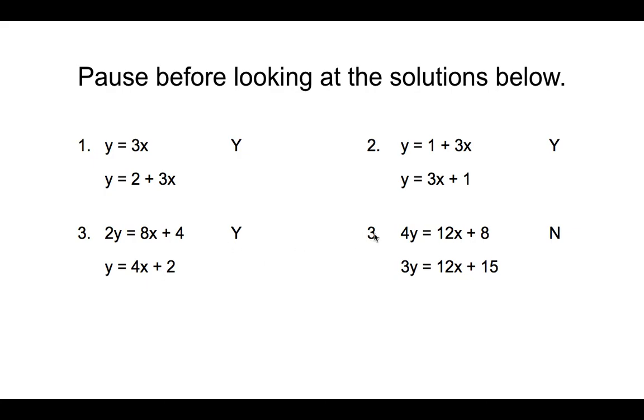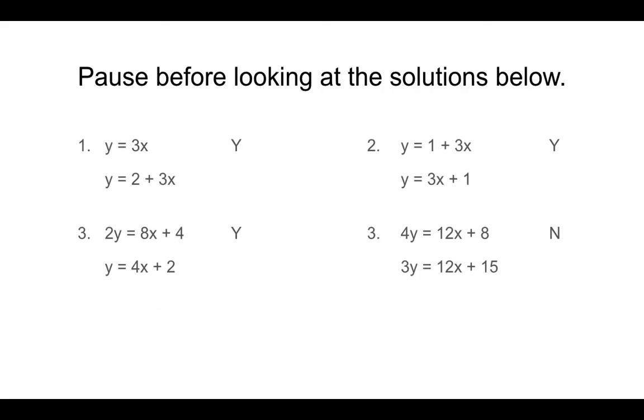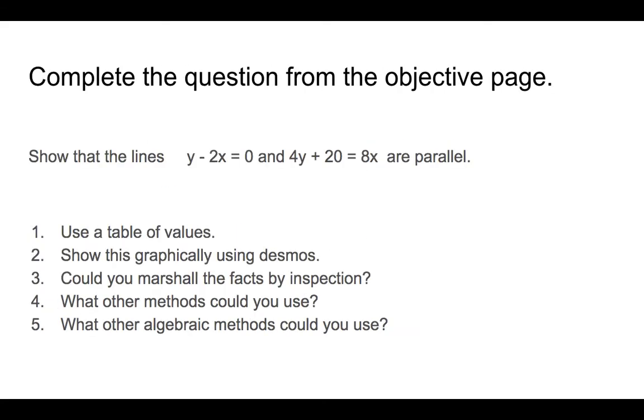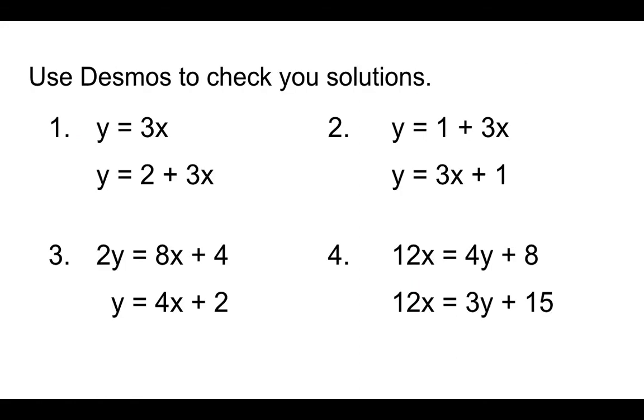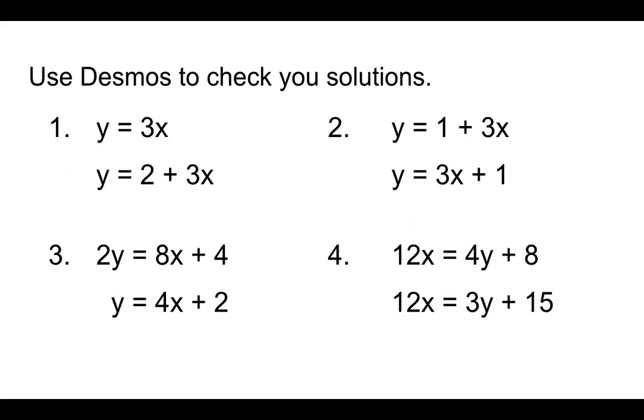And the last one, which I apologise, is different. So I made a mistake there. So let's have a wee look back at this, because these are the ones that I was looking to do with you. So 12x equals 4y plus 8, 12x equals 3y plus 15. What's the same and what's different?